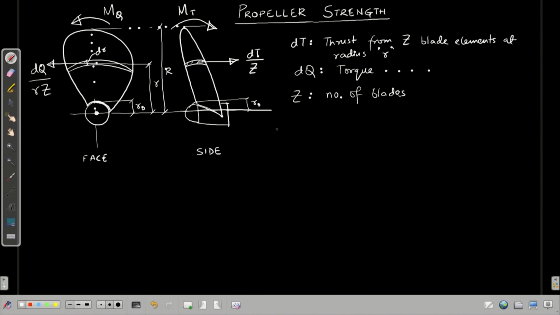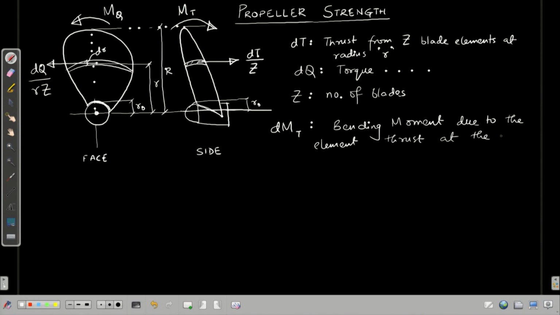So, let dM_T be the bending moment due to the element thrust at the root section at r0.